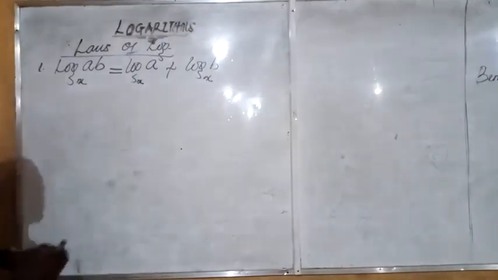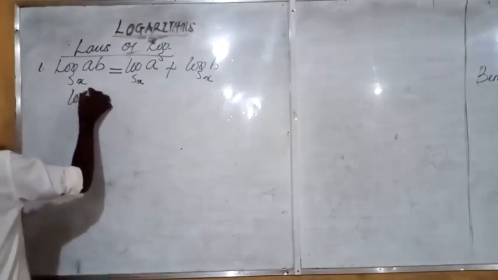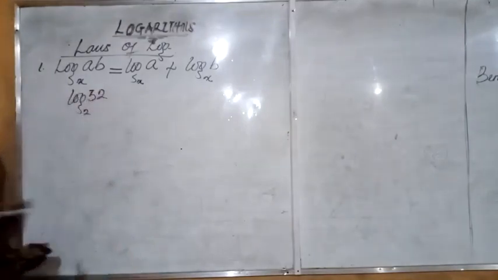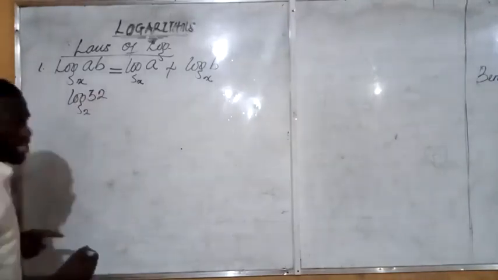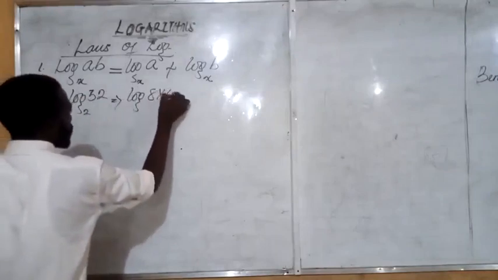Now listen carefully. If I were to solve, for example, the log of 32 base 2, I can split this apart. This could mean log of 8 times 4, for example. Right?